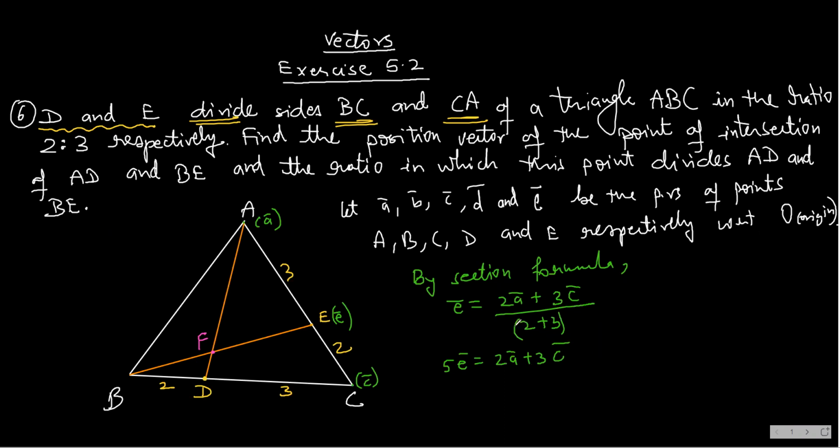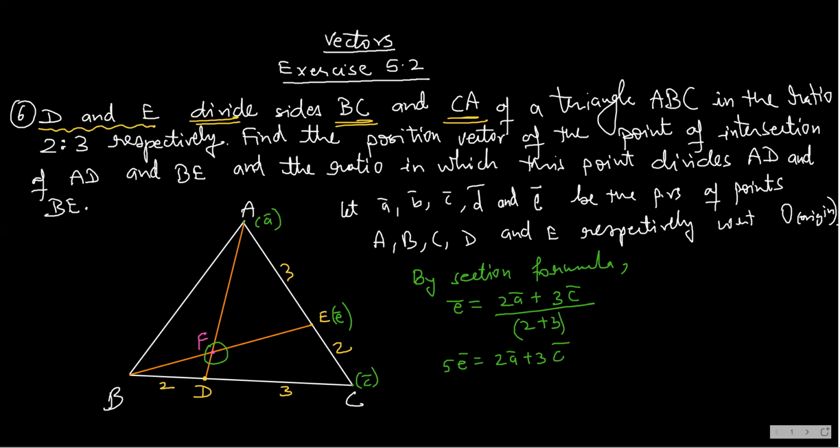If you are surprised why I multiplied this 5 here, listen carefully. They are not asking us the position vector of point E. Though they have given that E divides segment CA in the ratio 2:3, they are not asking us the position vector of point E. What they are asking us is the position vector of point F. So you will have to understand what I am doing here.